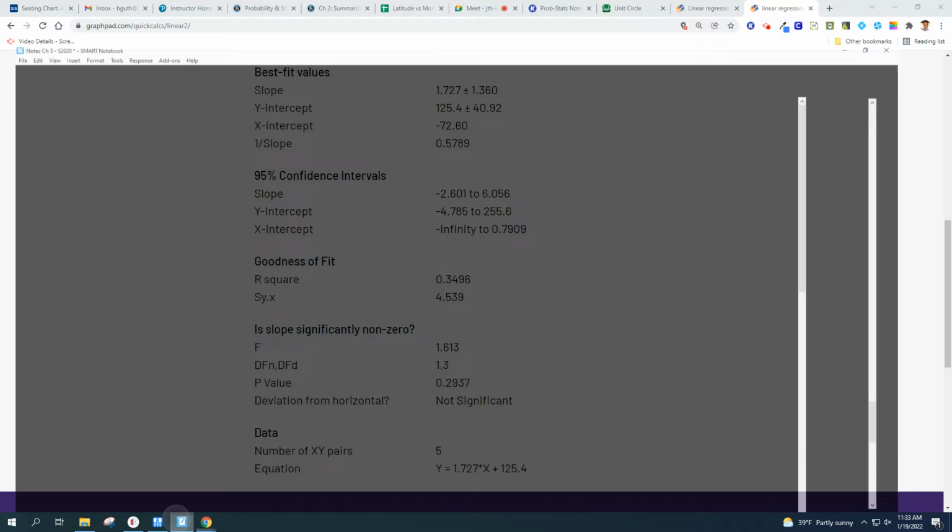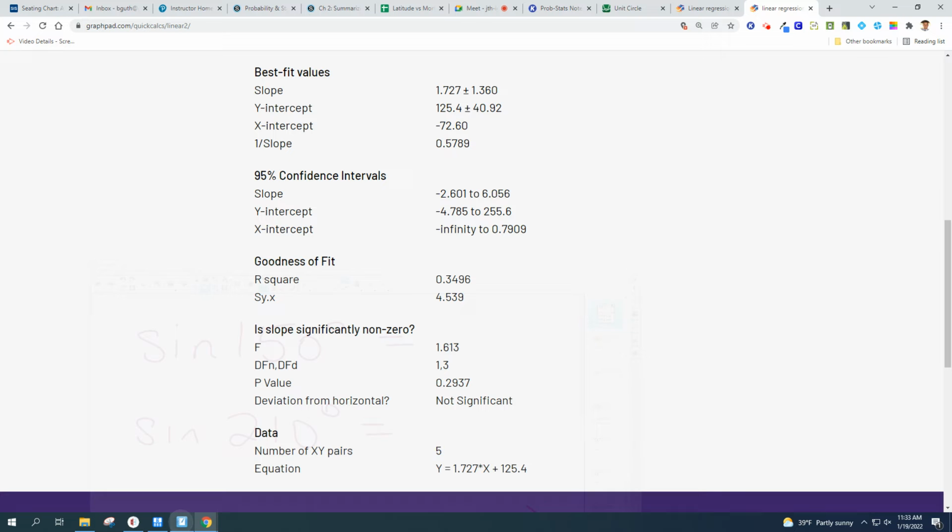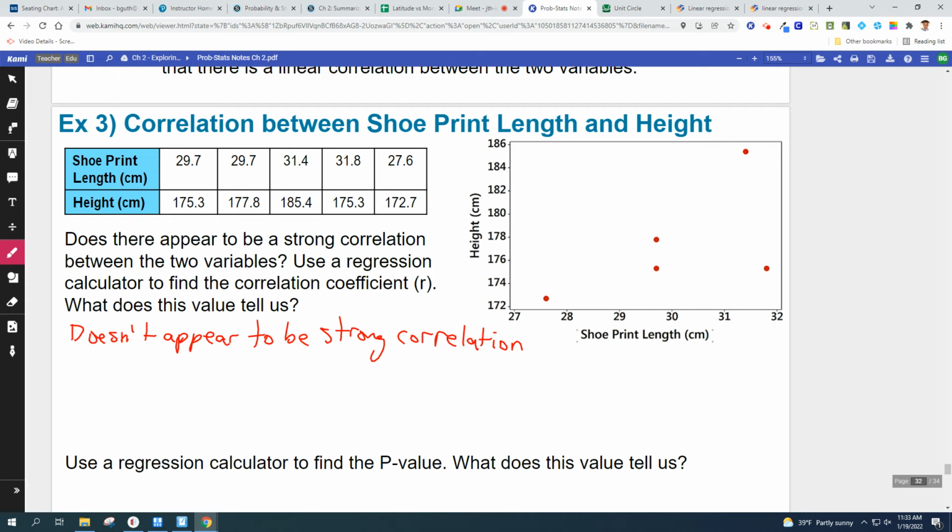And so we have to do a little bit of figuring. R squared is 0.3496. That is not the correlation coefficient.